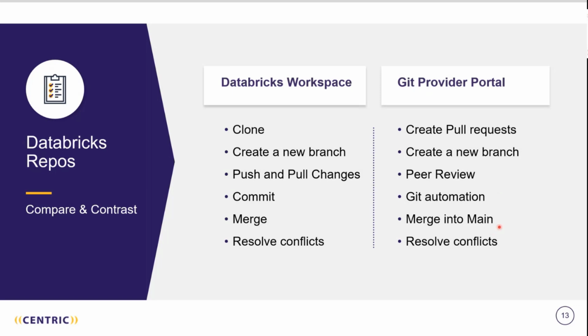And then we can merge into the main branch that I showed you. It is also possible to resolve conflicts in the Git provider portal itself. So there are certain things that we can do in both the Databricks workspace as well as the Git provider. And then there are certain things that as a developer you'll only be allowed to do in the Databricks workspace.